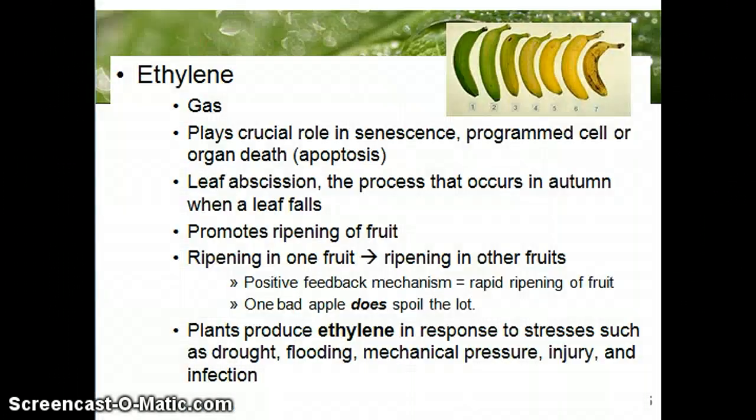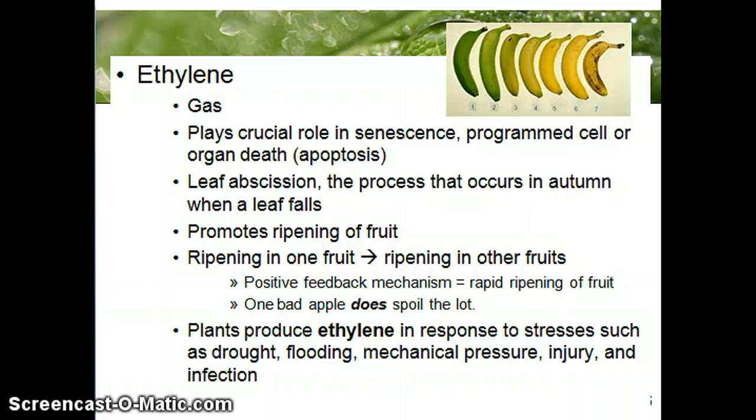So as you heard with the Bozeman video, our last hormone we're going to focus on is ethylene, which is a gas. It's again involved in a positive feedback loop, meaning that once it gets started, it continues to accelerate and expand the response.